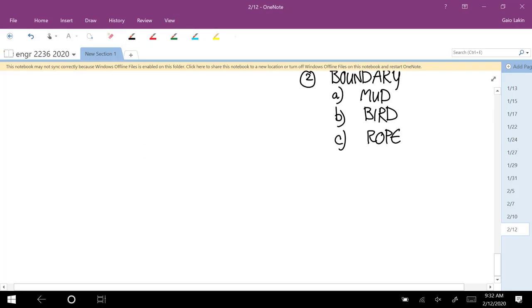Okay, so now for force vectors, we're going to use this double subscript naming convention.